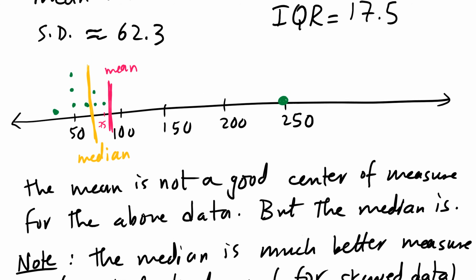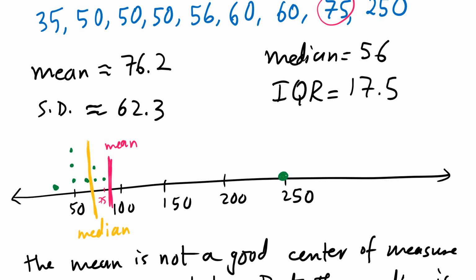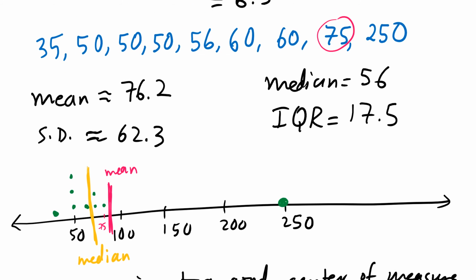So we figured out that the median here, because this is skewed, is much better. And notice something here: the 250, we called it the outlier earlier. If we take 250 and make it like 500 or 600, what happens? It will shift the mean to the right side. It will make the mean bigger and bigger.